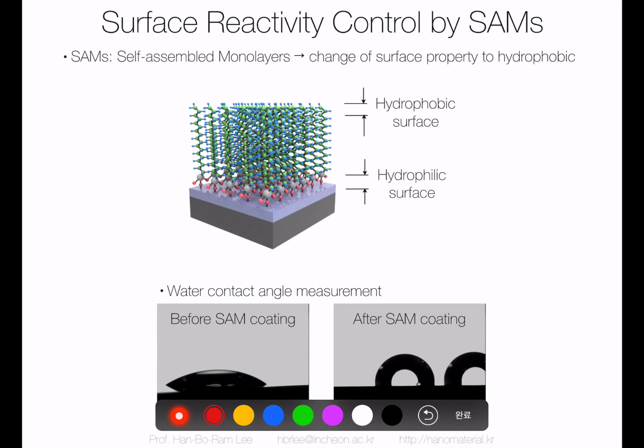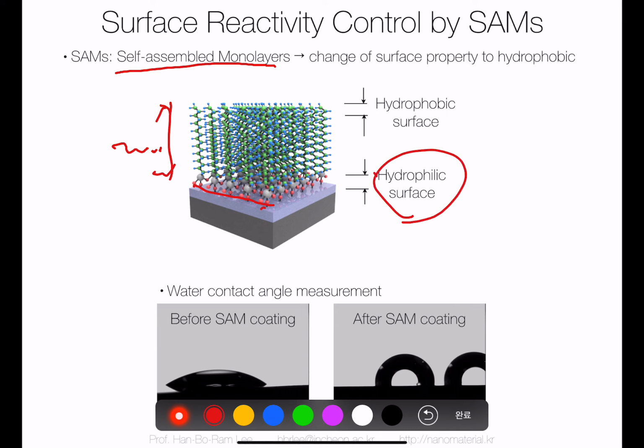A self-assembled monolayer is a very short, roughly 3 nanometer monolayer. If you have a silicon oxide surface, once the self-assembled monolayer is formed on it, the hydrophilic silicon oxide surface is changed to a hydrophobic methyl-terminated surface, because the SAM material changes the surface property through self-assembly formation.